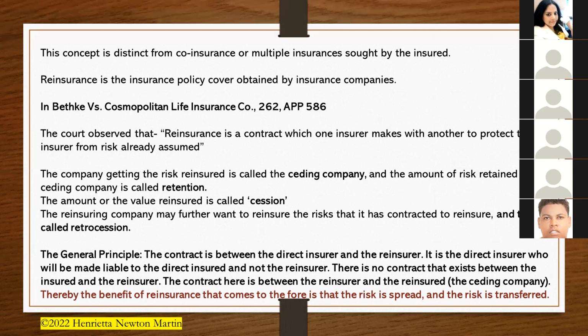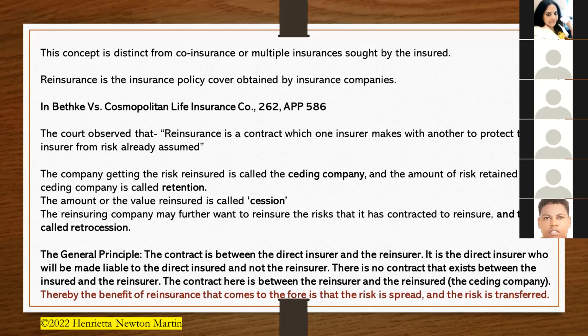The reinsurance company, the insurance company which has taken over the risks of another insurance company under the contract of reinsurance, may also want to reinsure the risk that it has contracted to reinsure. That is called retrocession.